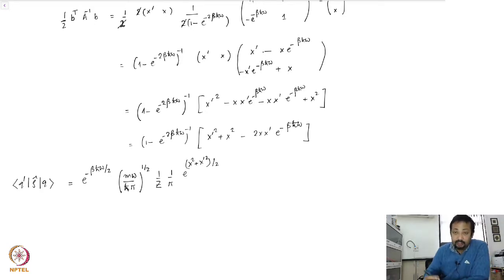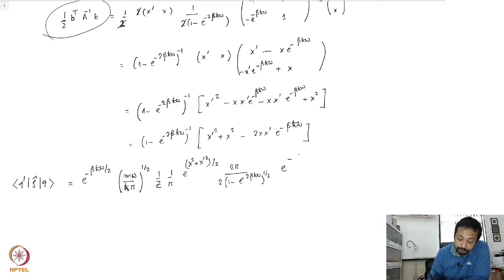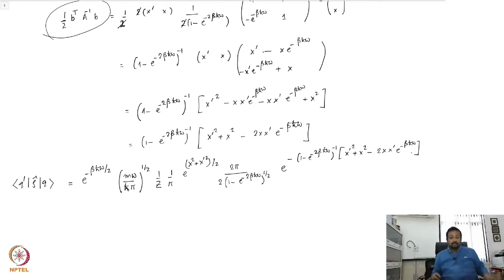And then I have the two-dimensional Gaussian integral, which gives me 2 pi, the determinant of A, square root of that, which will give me (1 minus e to the power minus 2 beta h bar omega) to the half, and then I will have e to the power minus of half B transpose A inverse B, which is going to be e to the power minus (1 minus e to the power minus 2 beta h bar omega) inverse times (x prime square plus x square minus 2x prime x e to the power minus beta h bar omega). So you're almost done.